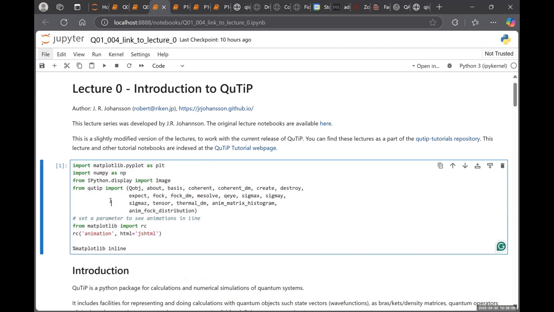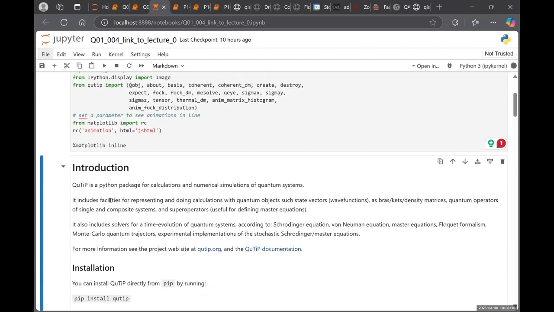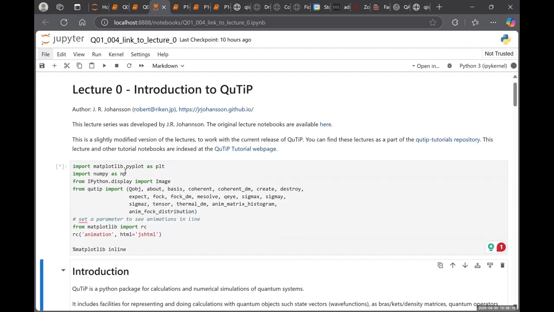Let me see, I think I have installed QuTiP. So let's run this and see if it's working. And this, okay, this is the pie plot, numpy. Okay, this will display.